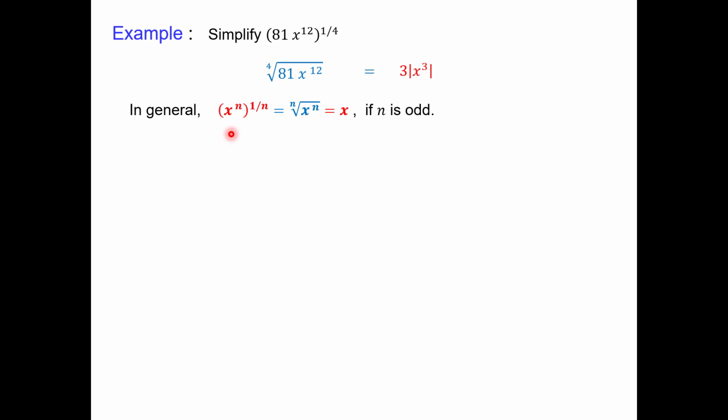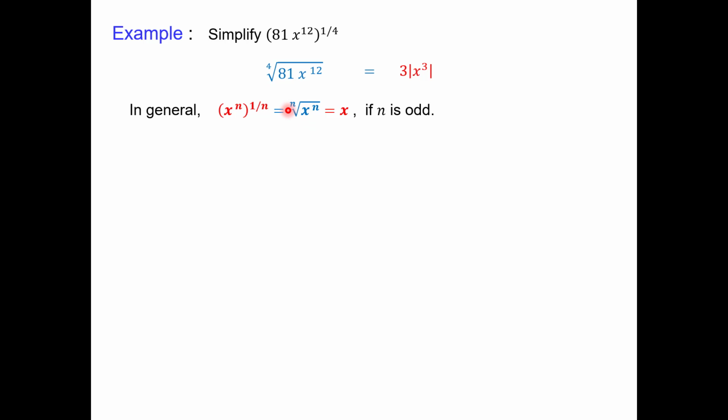So now, in general, again, we have that x to the n raised to the 1/n power is the same thing as x to the n inside the nth root. So remember, when you see a fraction exponent or a rational exponent, that part can be rewritten as a radical. So this is the nth root. And then remember what we know about radicals.